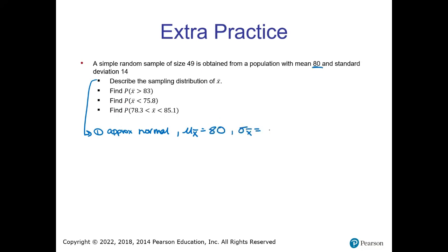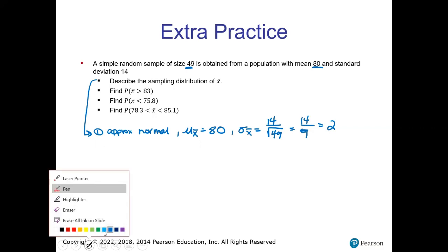We calculate the standard deviation of our sample by taking my population standard deviation, 14, divided by the square root of the sample size. The square root of 49 is 7, so 14 divided by 7 is 2 for my standard deviation.